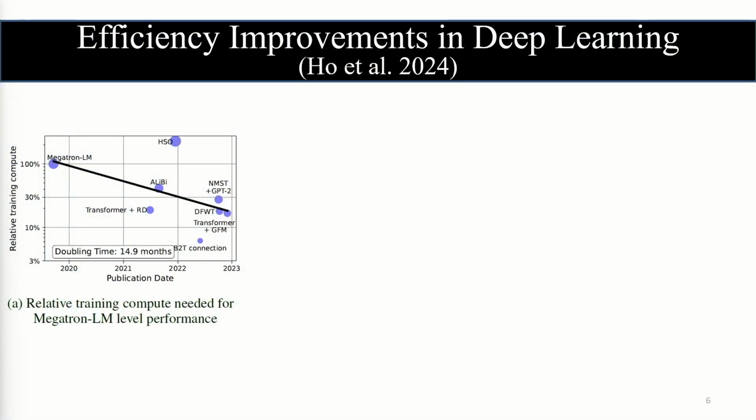So let's think about some very specific examples of this happening in the world. Each of these data points represents a large model being trained on a particular large language data set. At the far left-hand side, you've got Megatron LM, in the year where it came out, 2019. It achieved a certain level of performance.